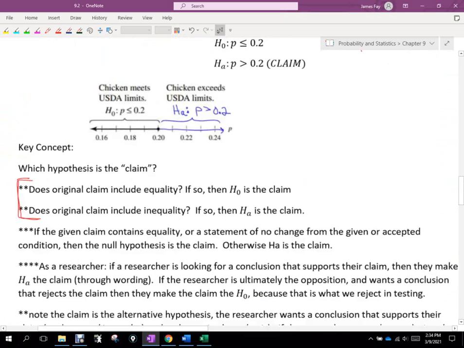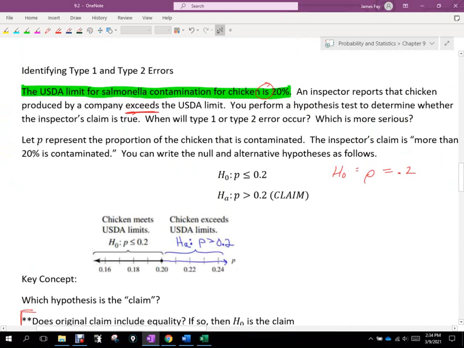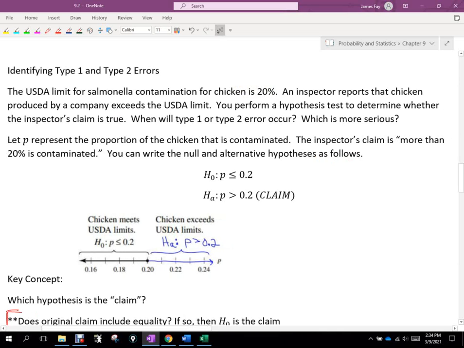Let's do this one here. Same idea, talk about the type of error, but we're also going to talk about the claim. I think one of the things that happens in reading these types of questions, doing hypothesis testing, is that a byproduct is reading comprehension skills.